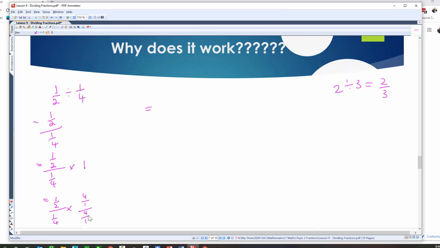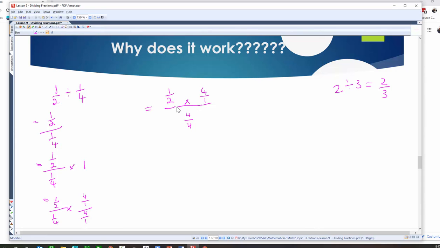So the lower part of this, I'm going to multiply that together. So in the top part here, I'm going to get a half and 4/1. They're still going to multiply. And what are both of them going to be over? Well, I've got 1 times 4, which is 4, and 4 times 1, which is also 4.